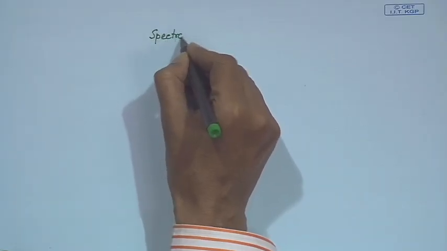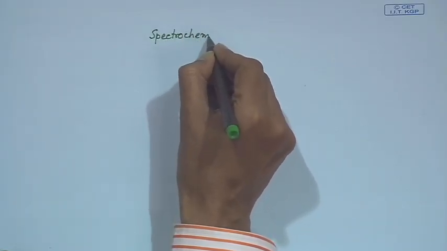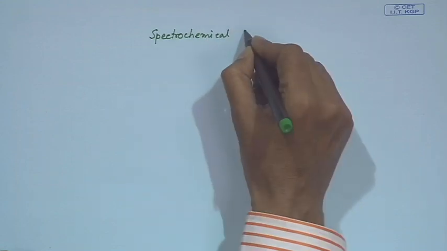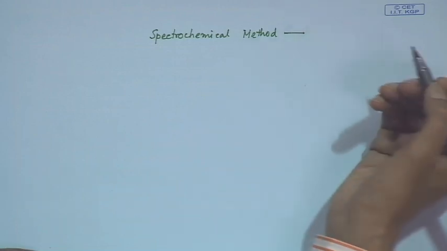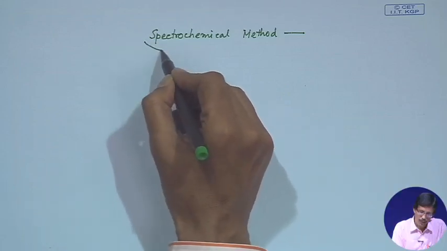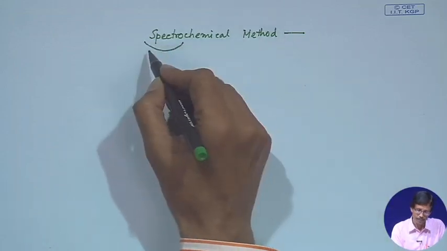Welcome to this part of this course where we are still continuing with spectrochemical methods of analysis. So, the typical analytical chemistry is benefited from the use of the light spectrum.